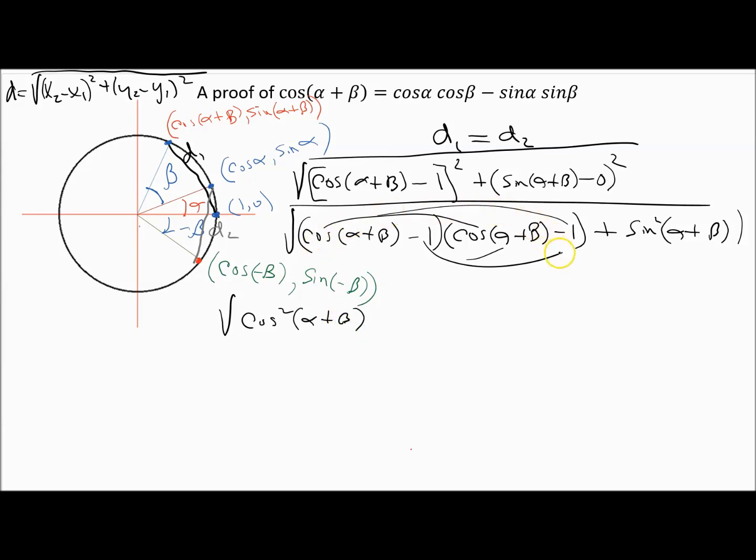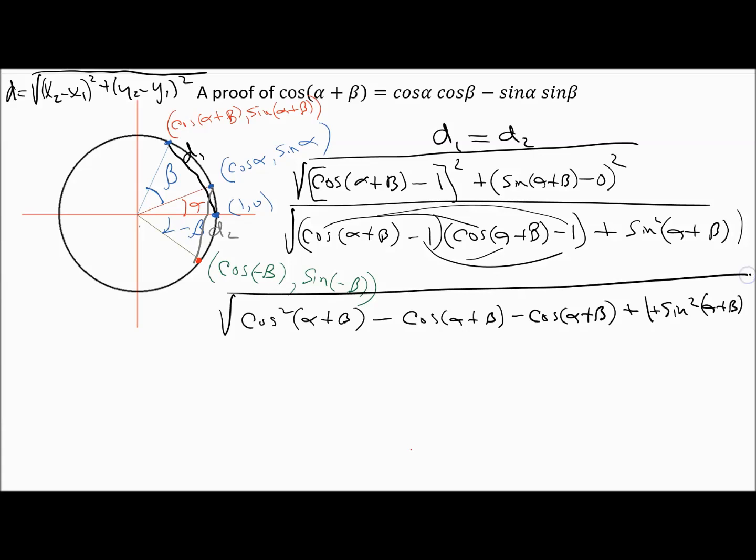Then cosine of alpha plus beta times negative 1 will be minus cosine of alpha plus beta, and then minus 1 times the cosine of alpha plus beta will be minus the cosine of alpha plus beta, and then finally minus 1 times minus 1 is plus 1, and then don't forget over here the one we've already simplified, plus sine squared of alpha plus beta. That's all underneath the square root, and that is only the length of our black line, right? Now, watch this. This is where it gets fun, okay?